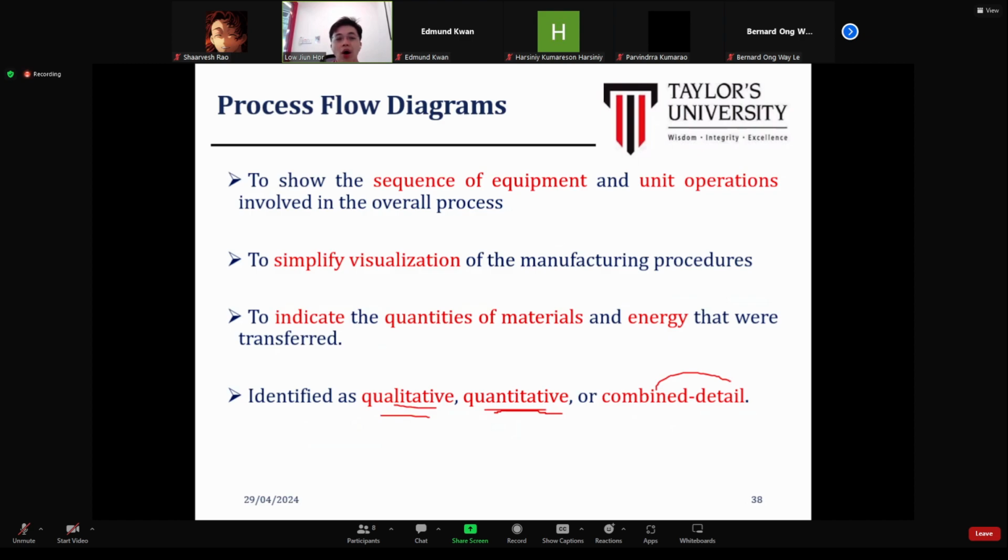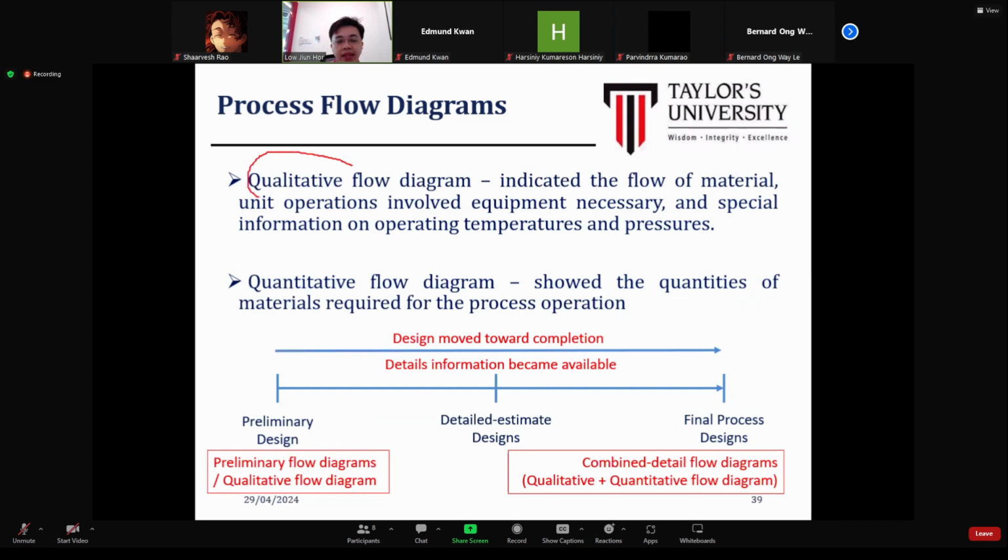For example, what is qualitative information? If you indicate the operating temperature, pressure, or even the direction of flow of the process streams in the process flow diagram, all this information is considered qualitative.